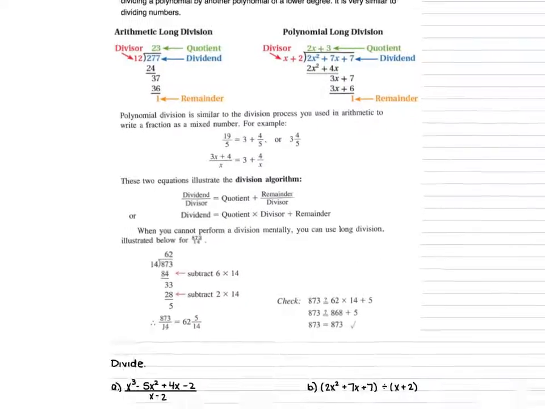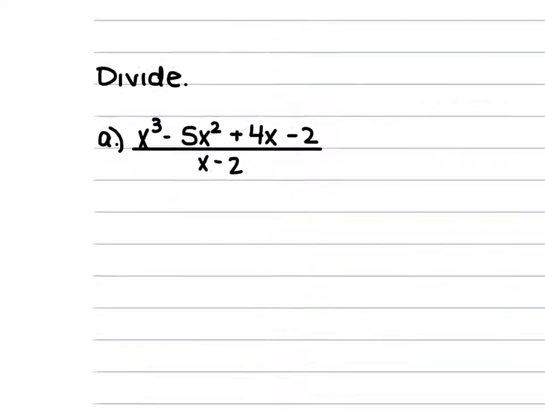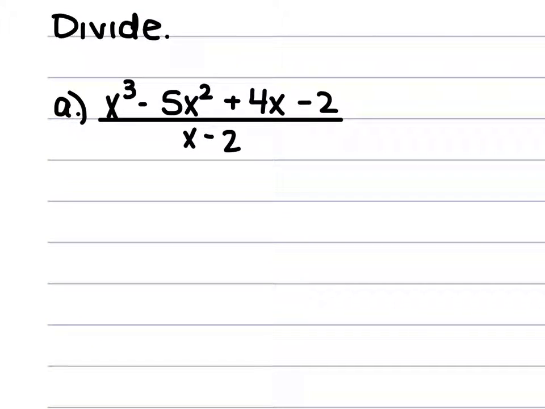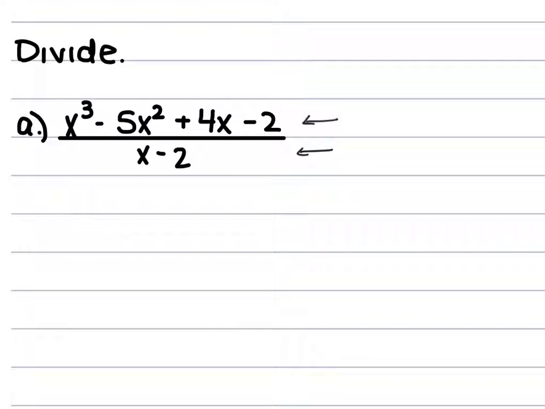So let's take a look down here at the very first one. So here's what I want us to do. It is this top number divided by this bottom number. I shouldn't say number. Polynomial divided by the other polynomial. So what I'm going to do is set it up just like division. If this were 56 divided by 7, I would write that like this.